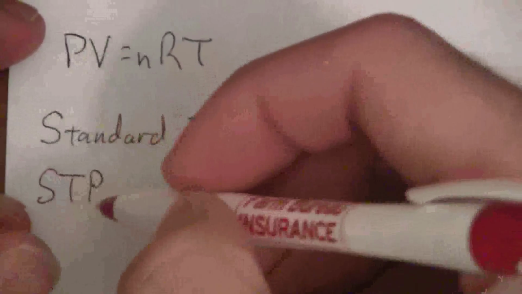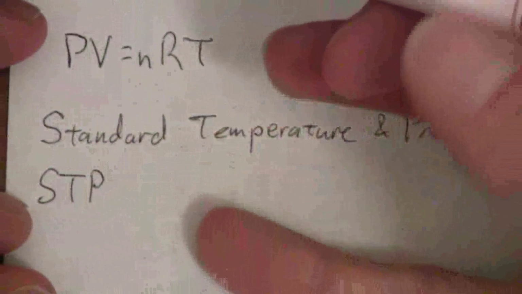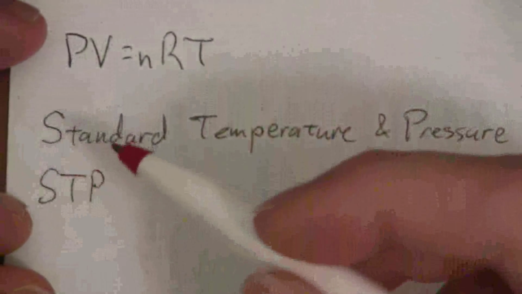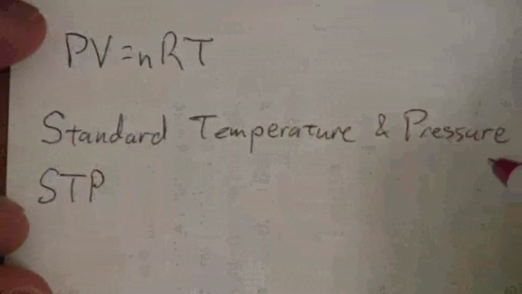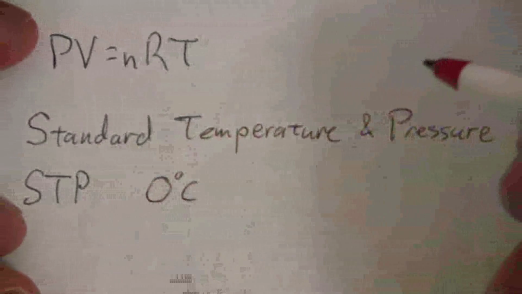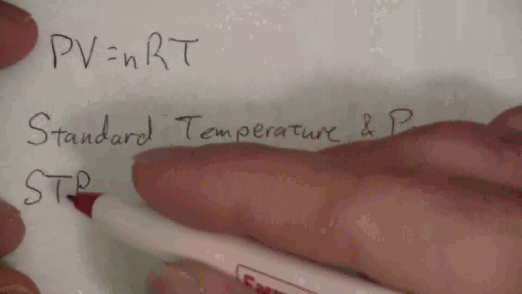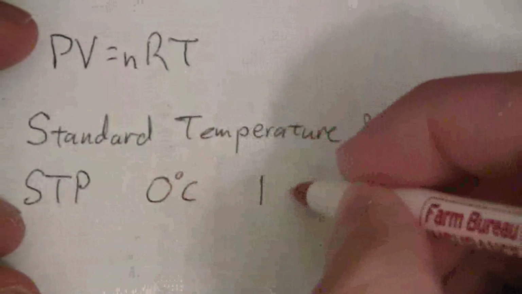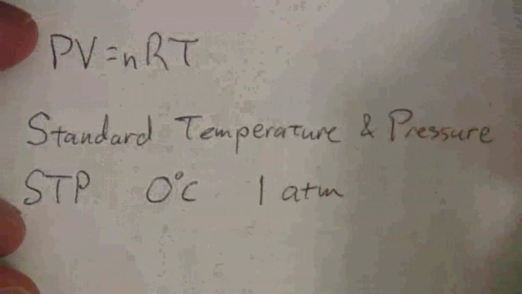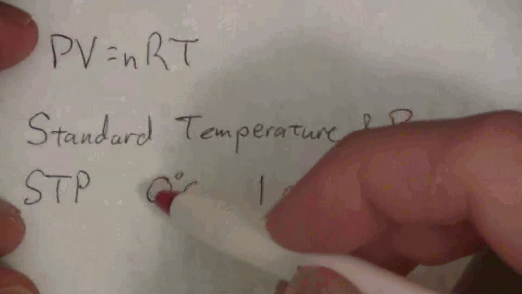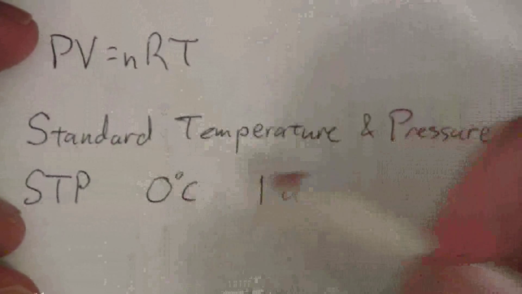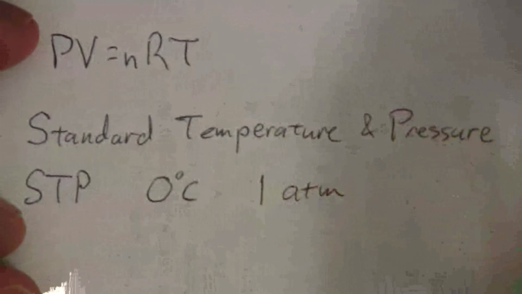So when we refer to STP, or if it's at STP, we're talking about this standard temperature and pressure. The standard temperature is 0 degrees C, and the standard pressure is 1 atmosphere. Pretty easy to remember: 0 C and 1 atmosphere.